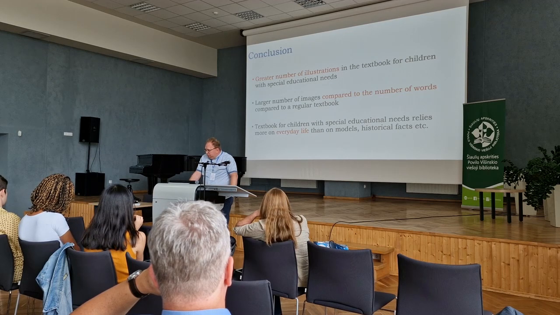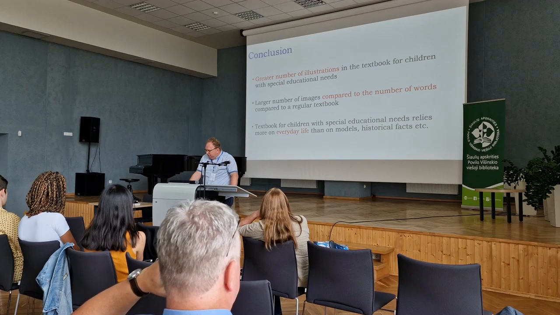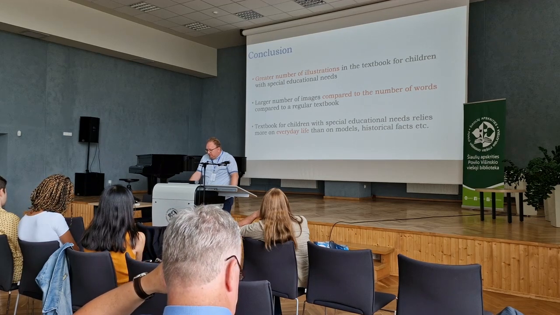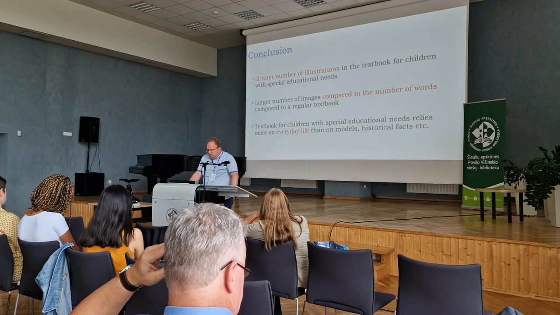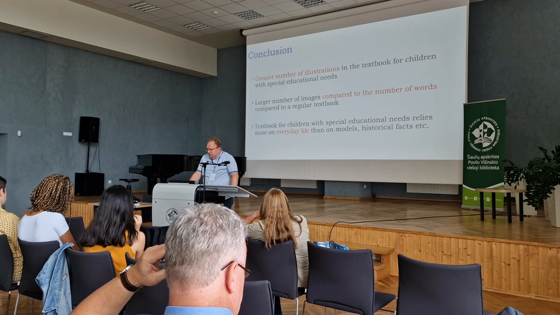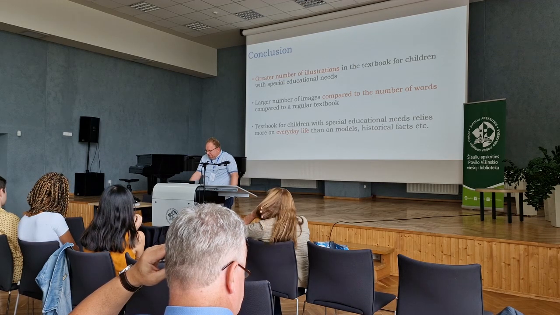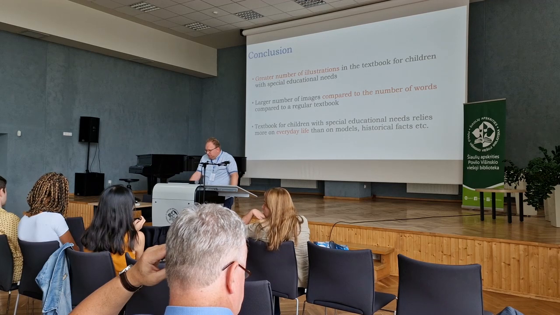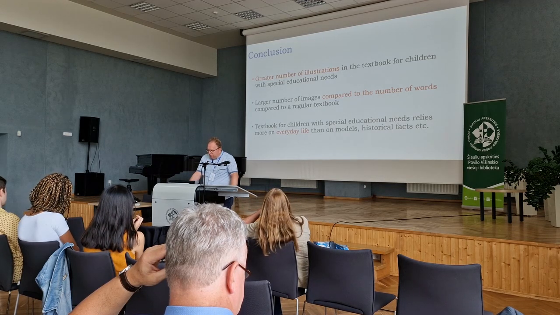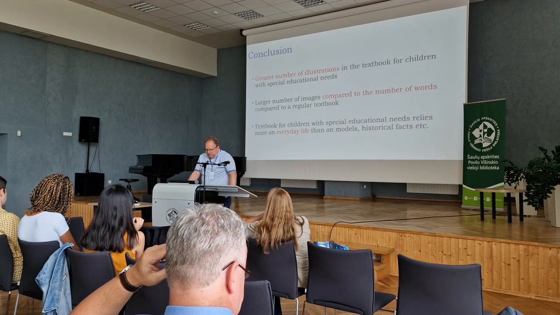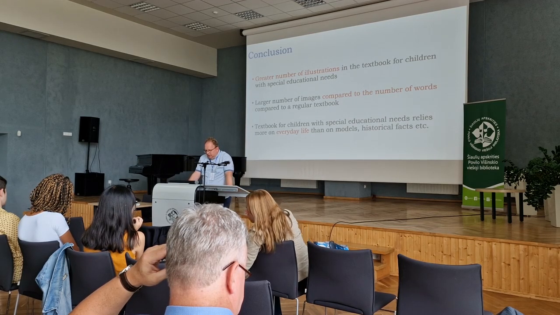So to conclude, a greater number of illustrations is represented in the textbooks for children with special educational needs. It's quite normal, I mentioned that. And these books contain a much larger number of images compared to the number of words than the regular textbooks.